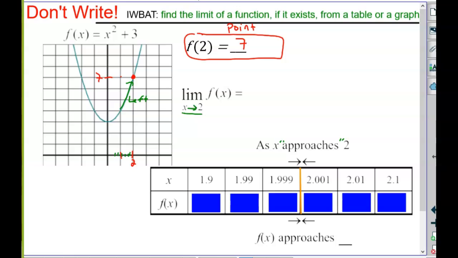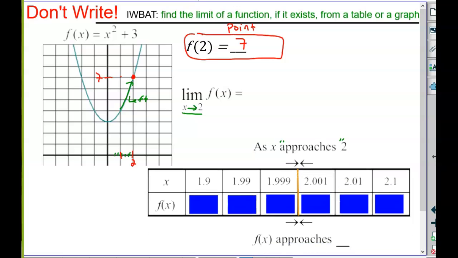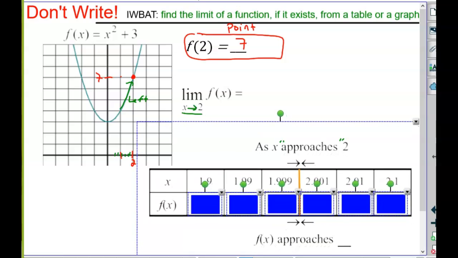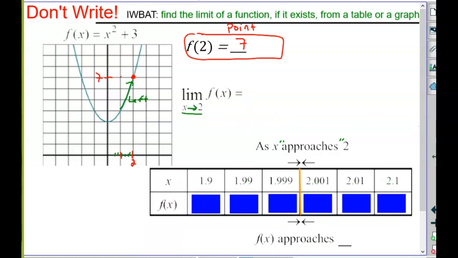and just try it. Do 1.9 squared plus 3. You get 6.61? Okay. Now, that's kind of close to 2, right? But can't we get closer? Try 1.99.